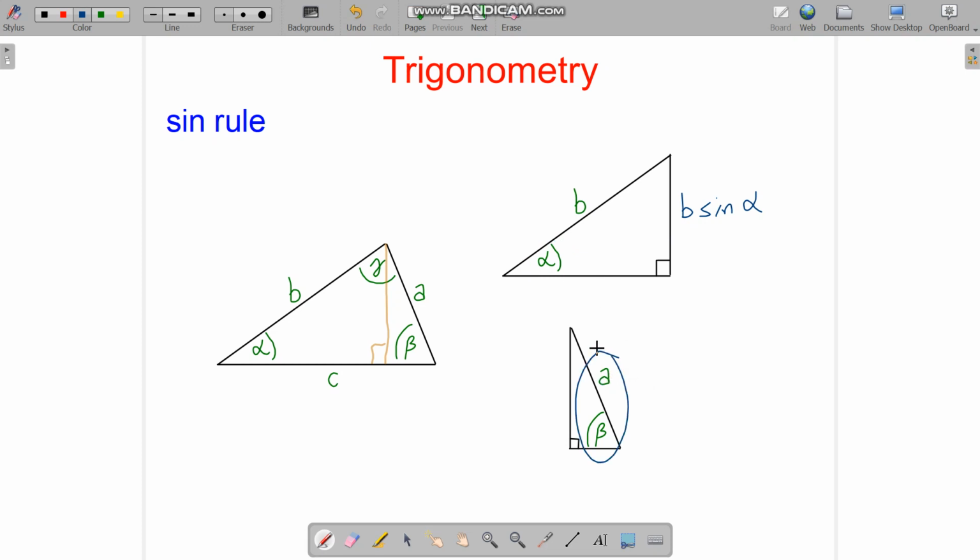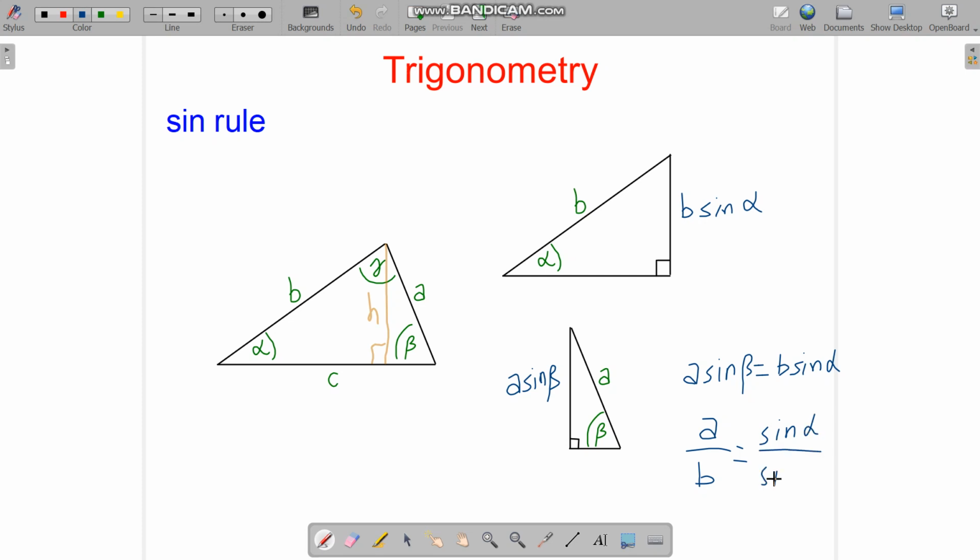And using this definition, this is a sine beta, and this is of course a cos beta. So we're talking about the same thing here. Let's call it the height of the triangle. This is the height of the triangle, also the height of the triangle, which means we have a sine beta equal to b sine alpha, or in other words, a over b equals sine alpha over sine beta.